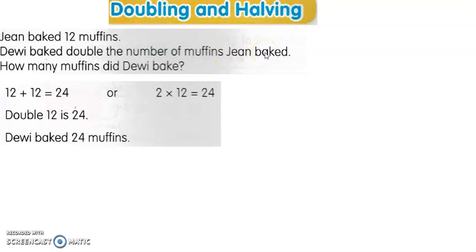So Jen baked 12 muffins. So the double of this number will be 12 plus 12, which is 24. Or simply 2 times 12 is 24. So double 12 is 24. As a result, Dewey baked 24 muffins.